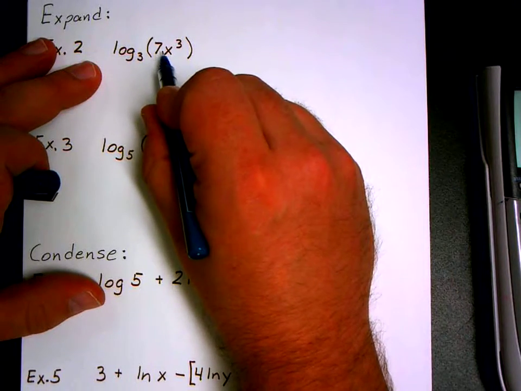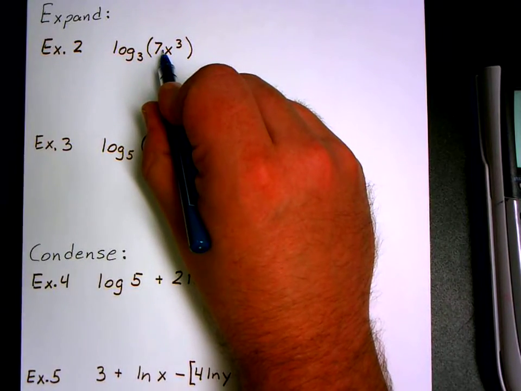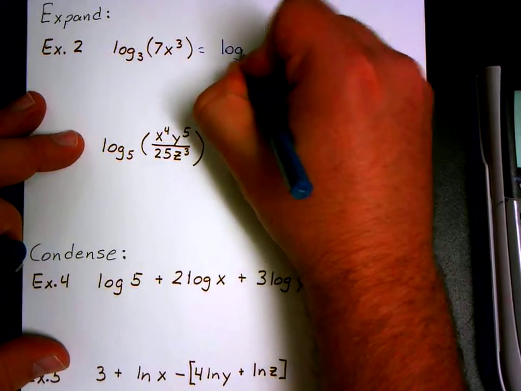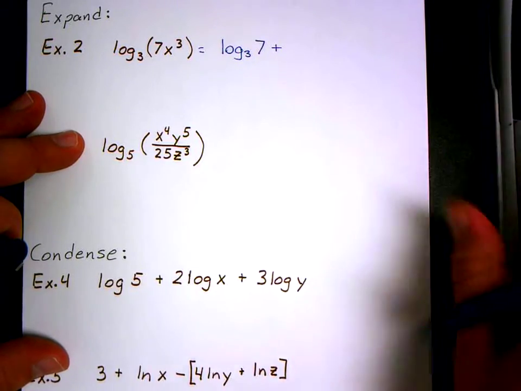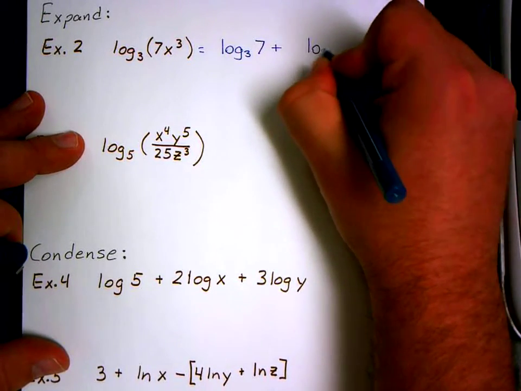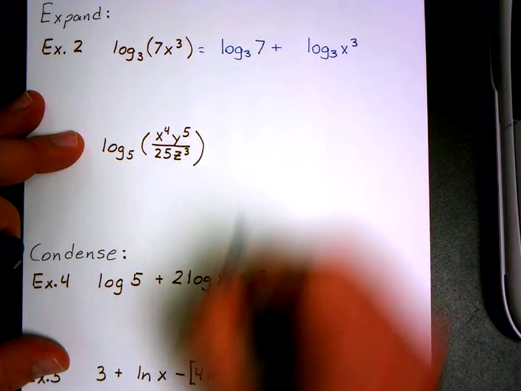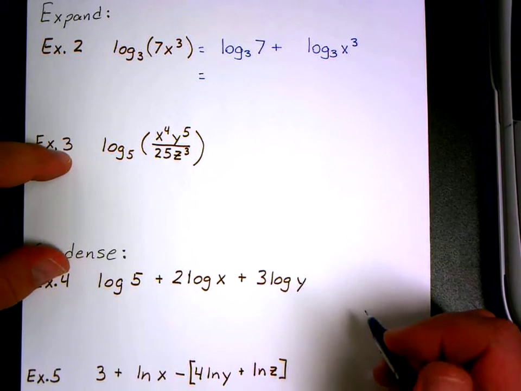So to start with, this is multiplication. So what does multiplication become? Addition. Now I'm going to do this in a couple steps, I guess, because I can.